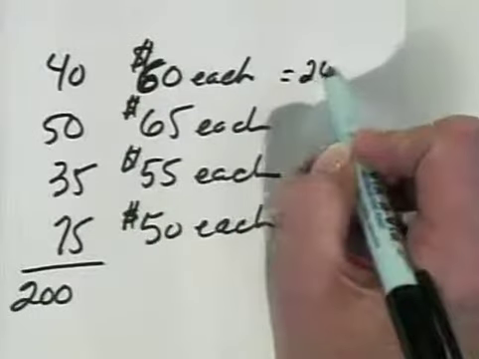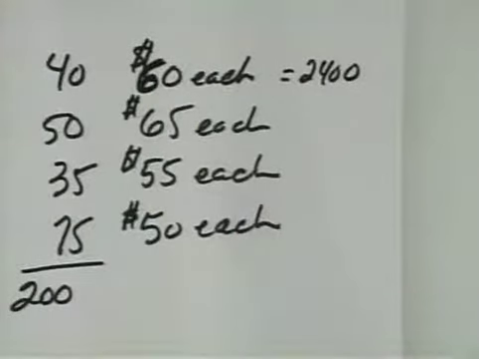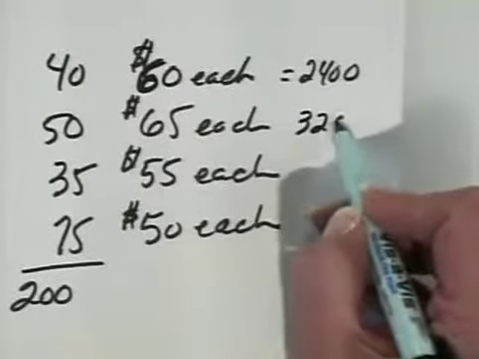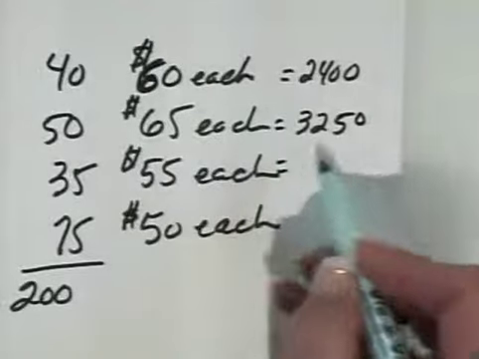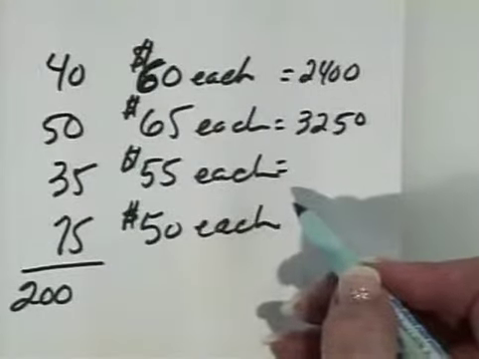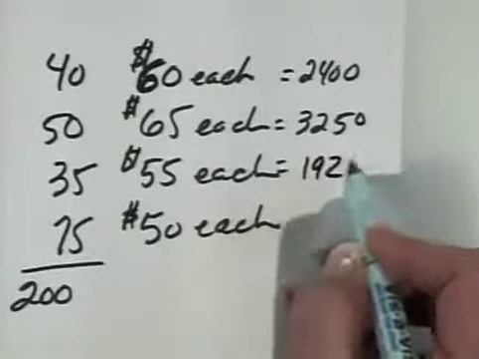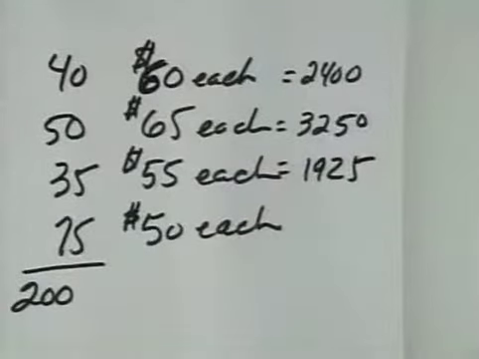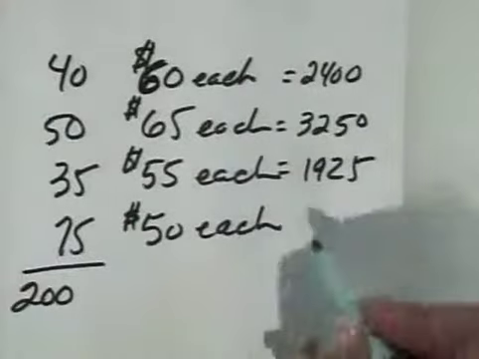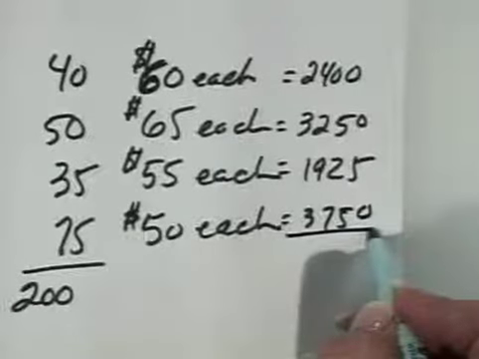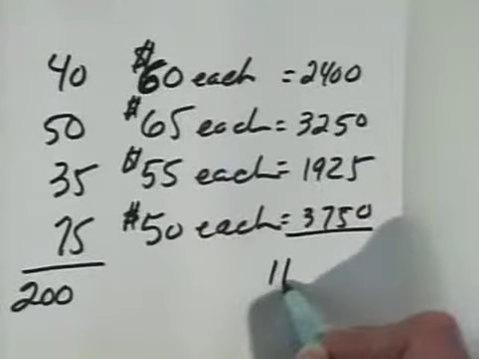We need to say 40 chairs at $60 a piece equals how much money? $2,400, that's right. 50 chairs at $65 a piece would be $3,250, someone's saying. Who's got the next one? 35 chairs, $55 a piece. What is it? $1,925. And 75 chairs at $50 a piece is $3,750.